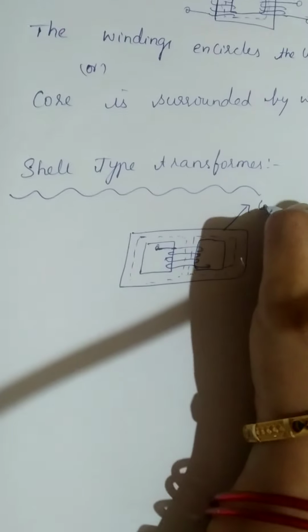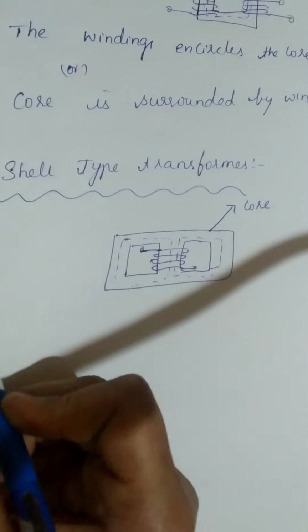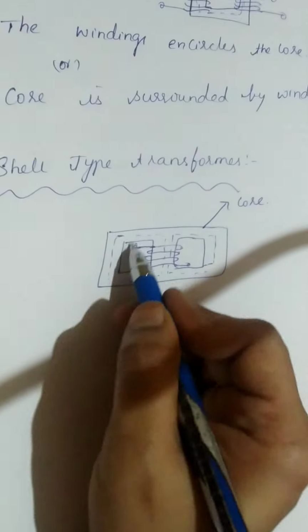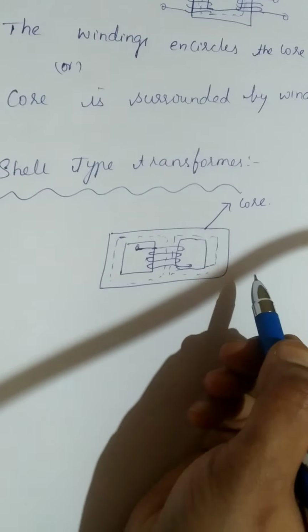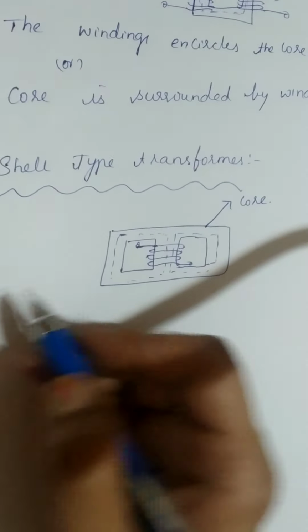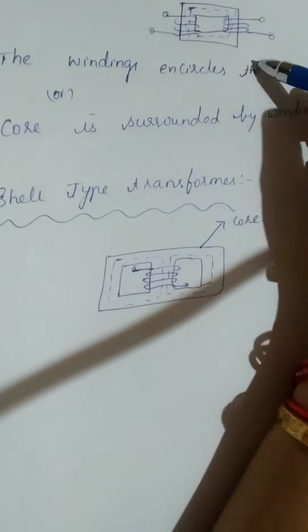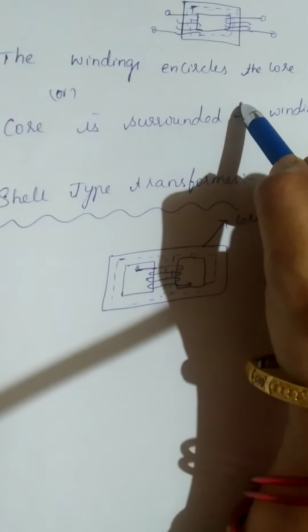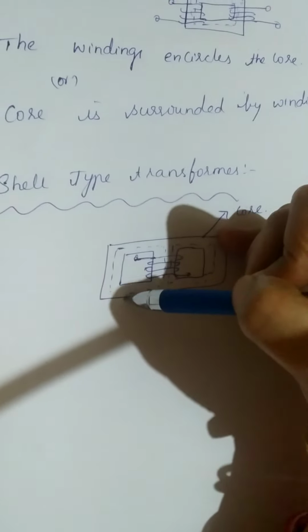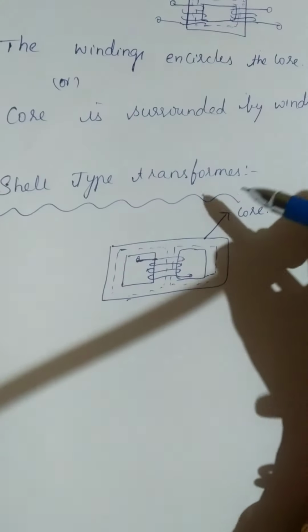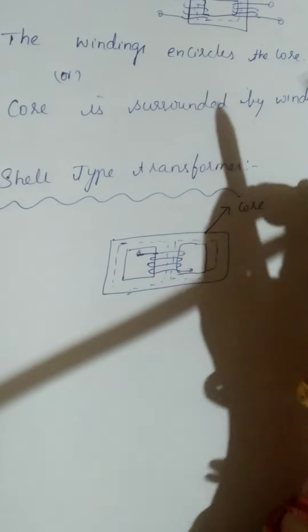This is a core. Here the core encircles the windings, or in other words, the windings are surrounded by the core. In core type transformers the windings encircle the core, but in shell type transformers the core encircles the windings.